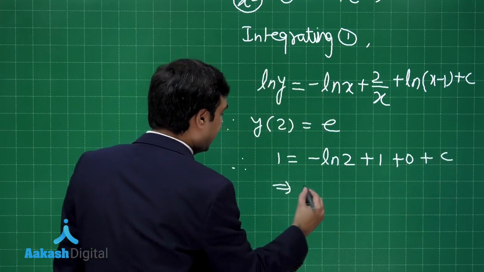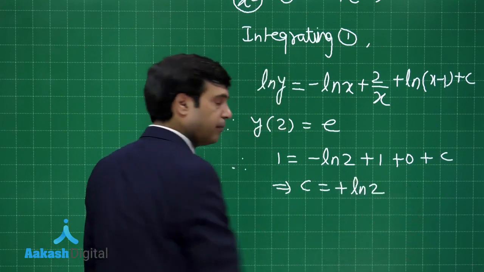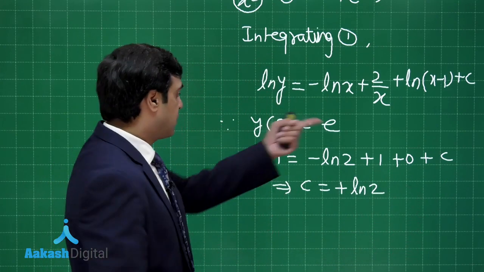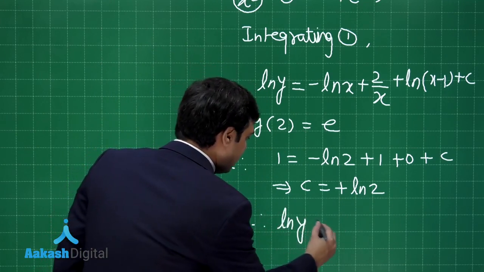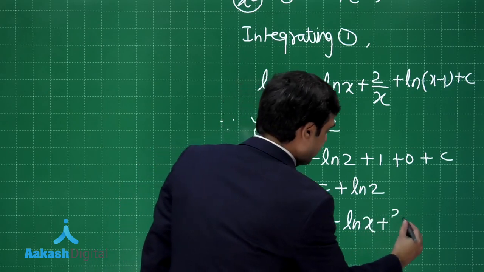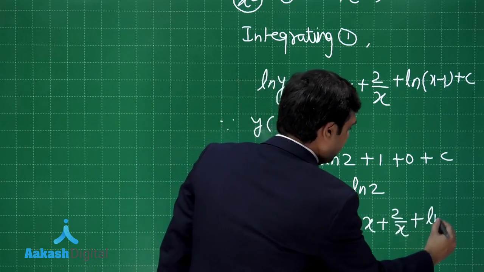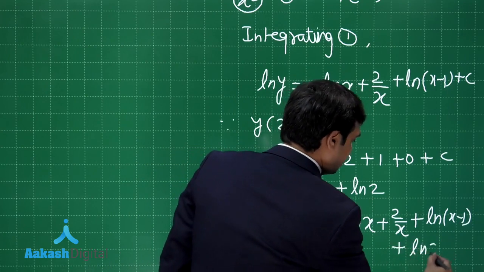So we obtain the value for c as log 2. This is clear. Now substitute it back. Therefore function or curve we are getting as this one, right here, plus log 2 as well.